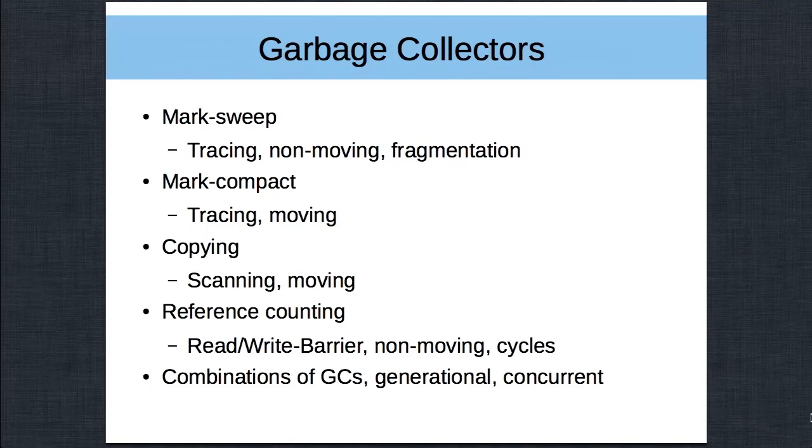This adds a read and write barrier usually, and it's also non-moving, and it's difficult to free memory if there are cycles in references. Usually to resolve those cycles, you have to go back to one of the other approaches to free the memory used by these objects.